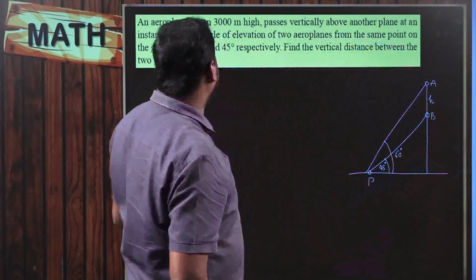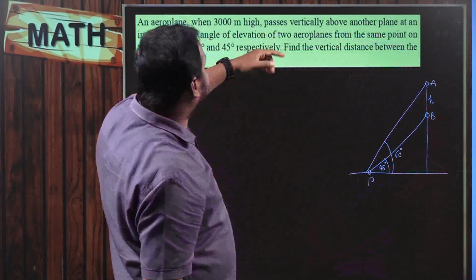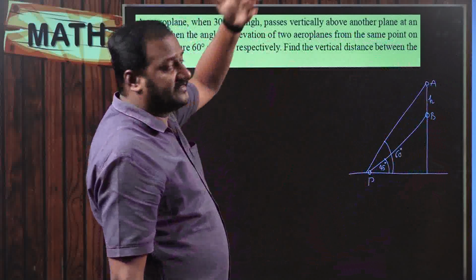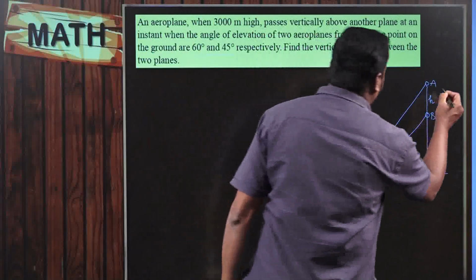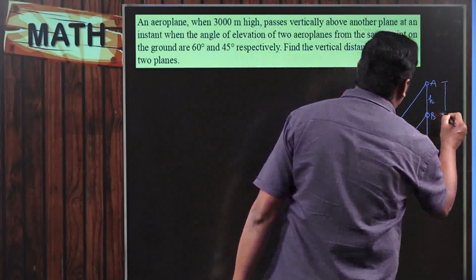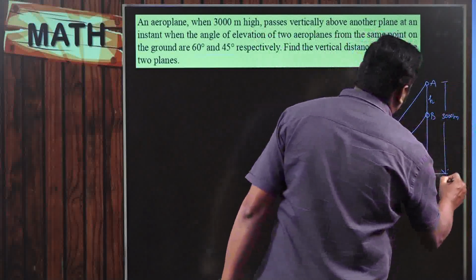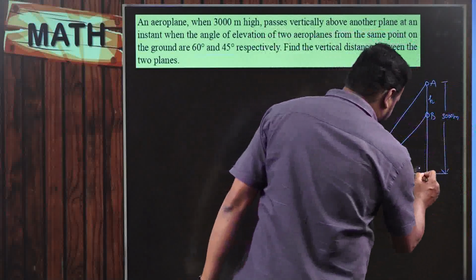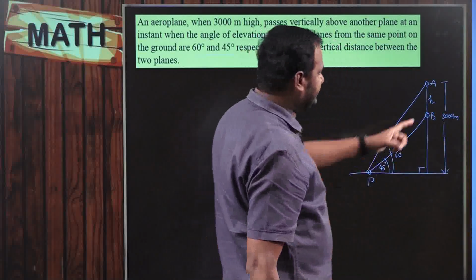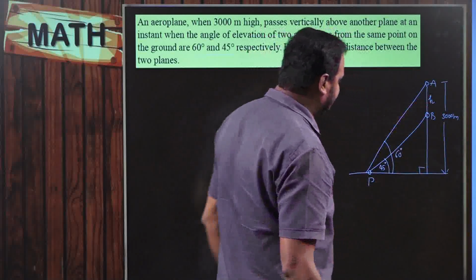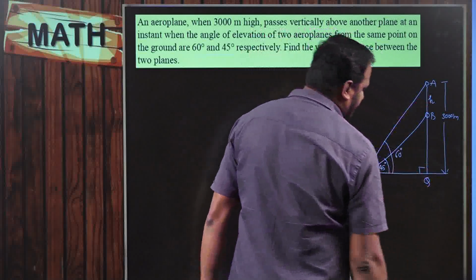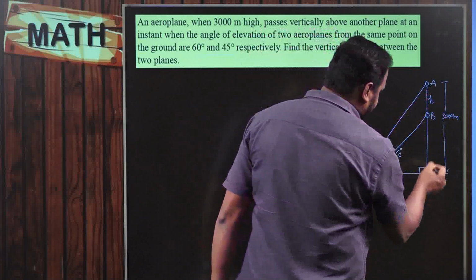For that, what is given? When 3000 meters high passes vertically above another aeroplane, it means the first aeroplane is at 3000 meters. This is at 3000 meters. See, once you observe, this is a right angle. Since this is h, what about this other length? Let this be PQ, and the total length is equal to 3000.